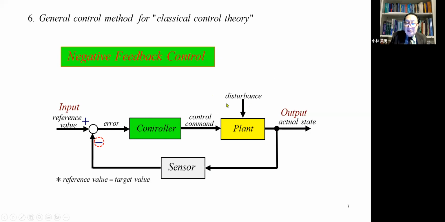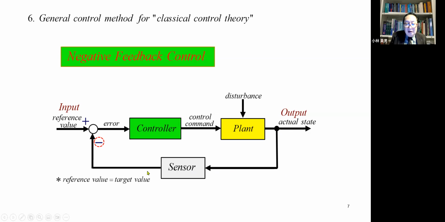Disturbance. We usually have electrical disturbance or something like that. Then output is also called the actual state. Then this actual state is sensed by the sensor.